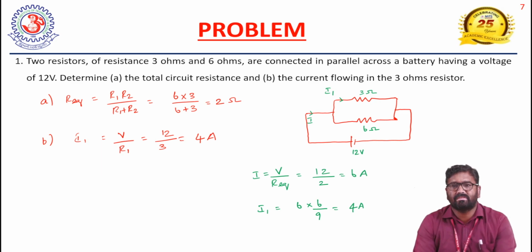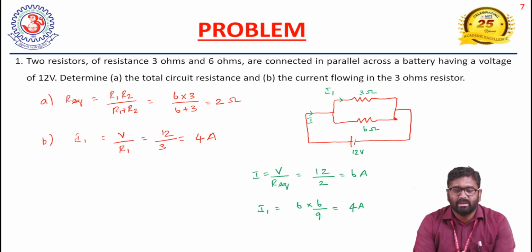Here one network is given, with two resistors connected in parallel, applied on a 12 volt voltage source. Two resistors having resistances of 3 ohm and 6 ohm are connected in parallel across a battery having a voltage of 12 volt. Here we have to determine the total circuit resistance and the current flowing in the 3 ohm resistor.